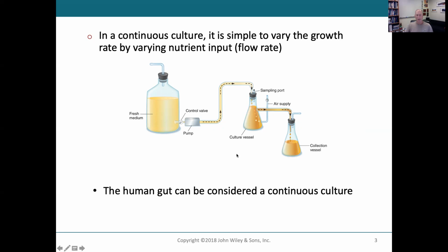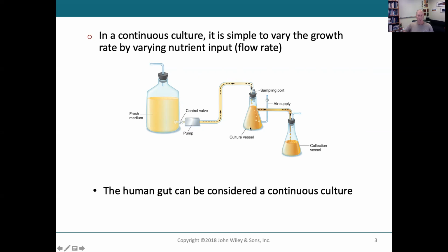So without going into this in great detail, essentially what will happen as you input nutrients in here is that the microbes in the growth vessel will grow to their maximum capacity, and then the only growth they can carry out after that is based on whatever new nutrients are coming in. So the flow rate of new nutrients in here is actually determining the generation time of these bacteria or whatever microbes you have in here, right?